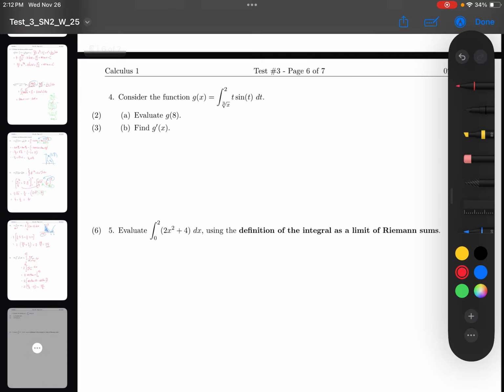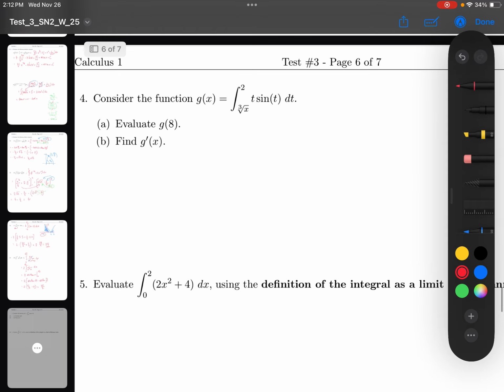Okay, so this problem here, I have told you in class that the problem is not going to be of this type, but rather something like the following function. So let's say g of x is equal to the integral from x to 2 of t times sine of t dt.